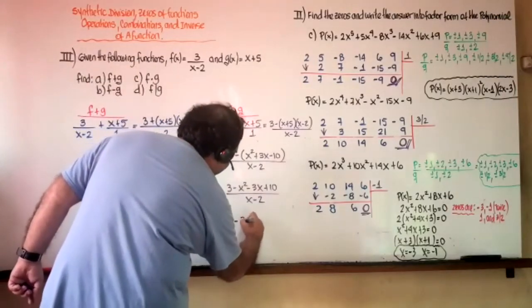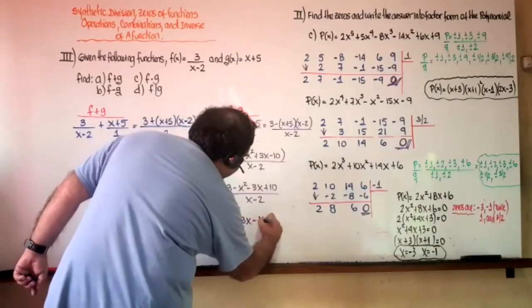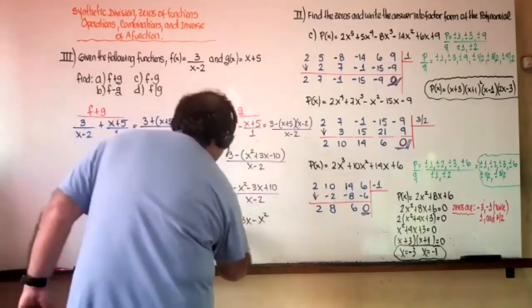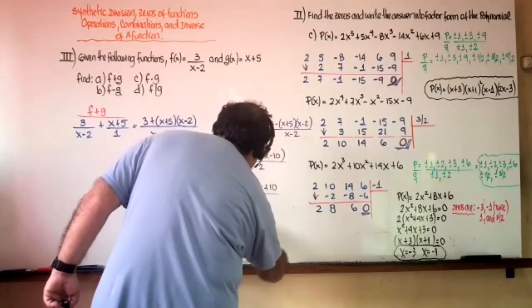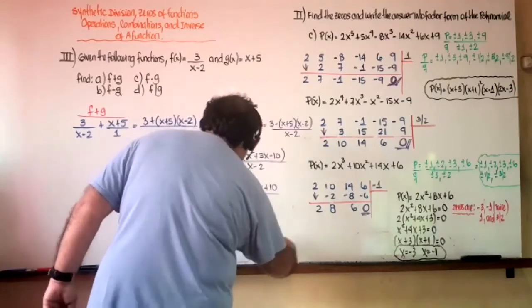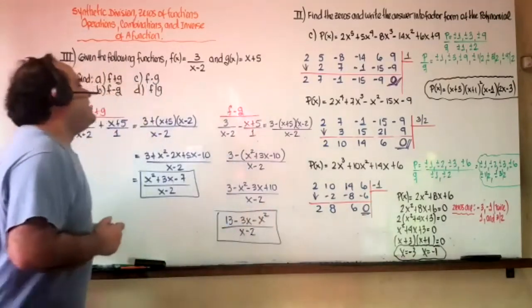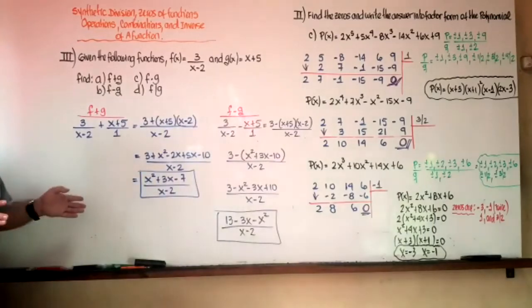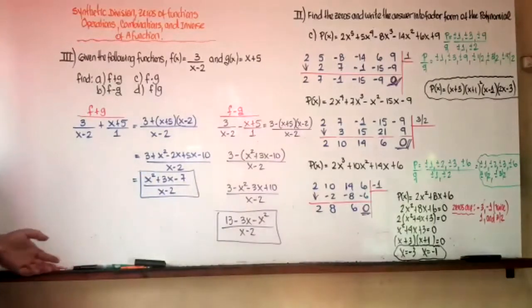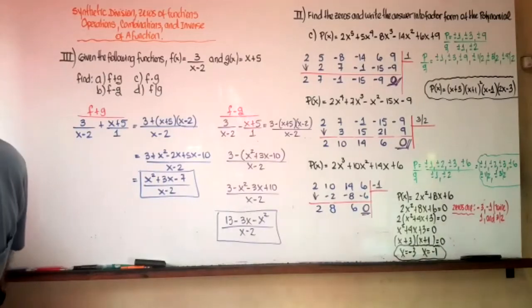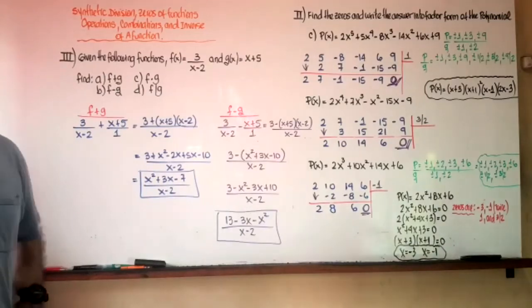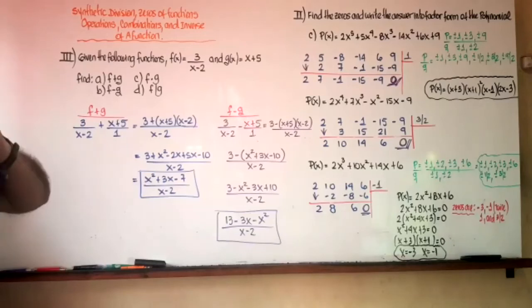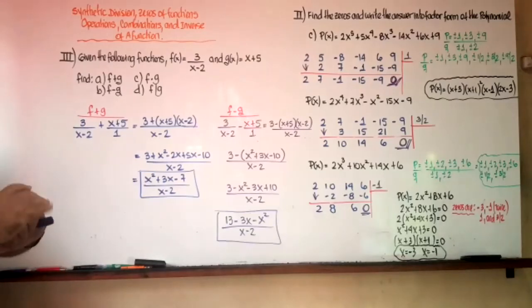So 13 minus 3x minus x squared, over x minus 2. Or if you want to write the answer like negative x squared, negative 3x, positive 13, over x minus 2, don't worry, the answer will be the same. Understood? Understood, guys? Yes or no? Confirm. Yeah. All right. Yes.